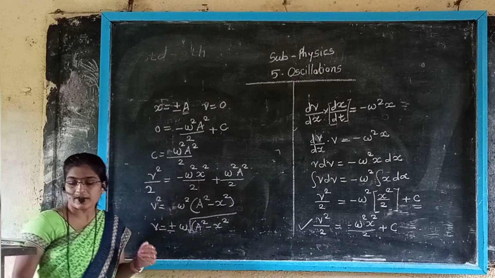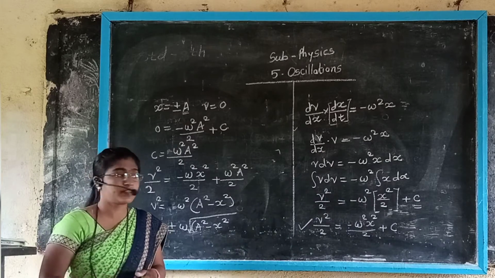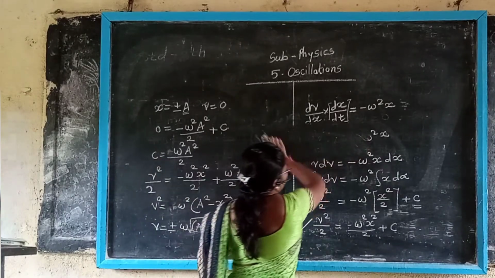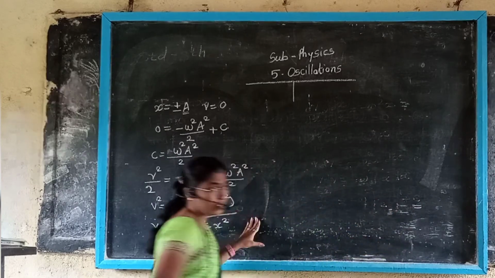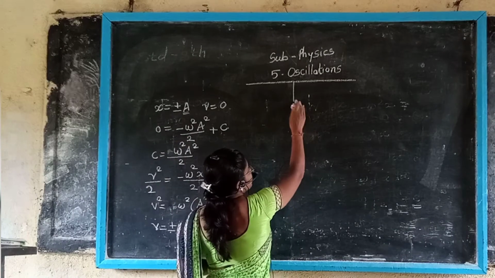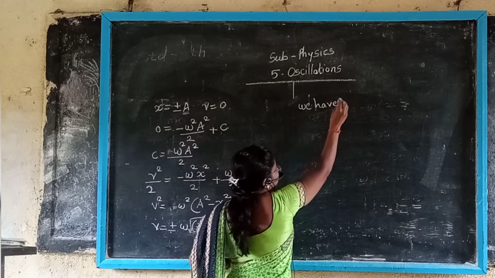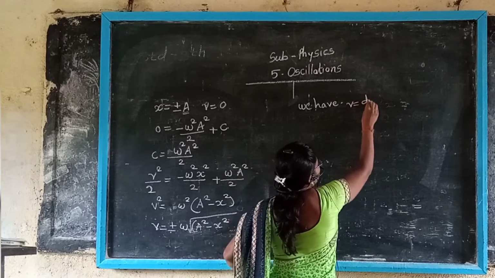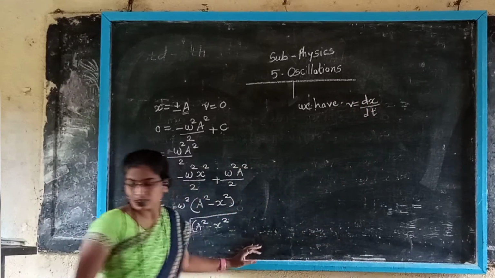Now we have to find the equation for displacement of linear SHM. For this we use the equation v is equal to dx by dt.